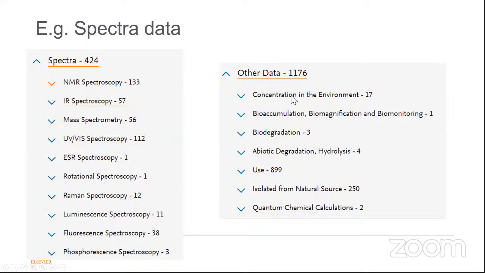It is also very useful to click through to other data available for this substance: concentration in the environment, bioaccumulation, biodegradation, abiotic degradation, commercial and laboratory use, how it is used in industry, technology and laboratories, where we can get it from natural sources, and even specific information about quantum chemical calculation.